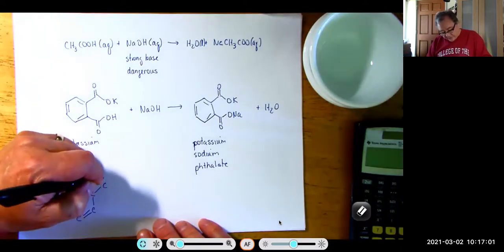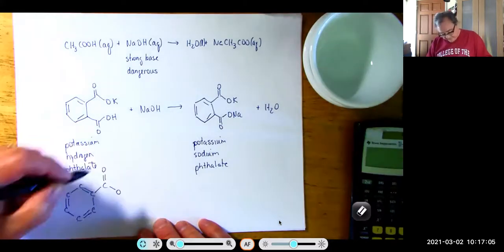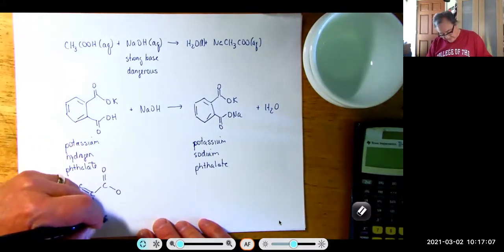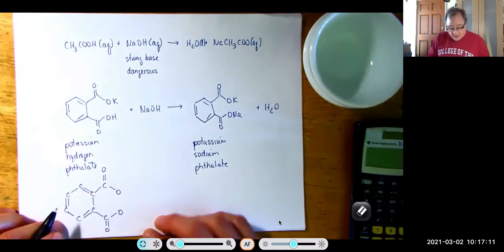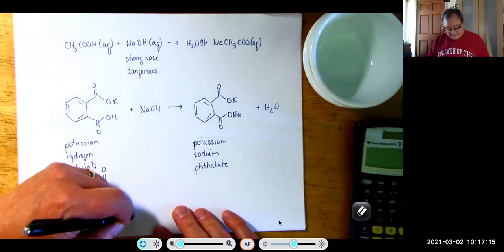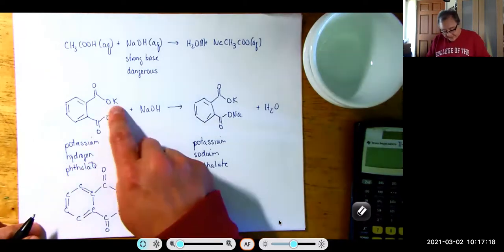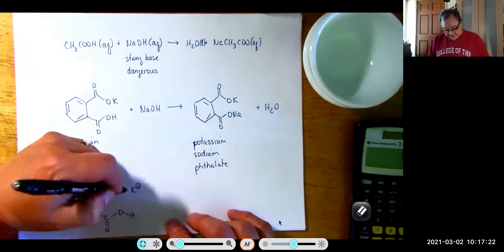So what I'm doing here is I'm filling in all of the carbons. Now, oxygen bonds to hydrogen through a single bond, so I'm going to draw that like that. And here we know the potassium is an ion, and I'm going to put a little plus sign there.